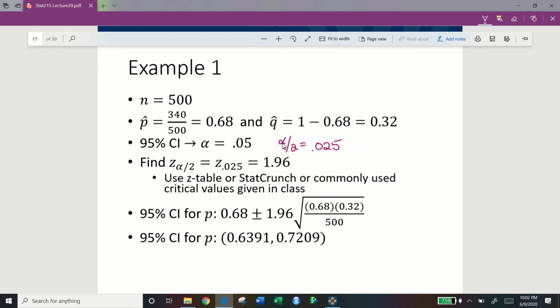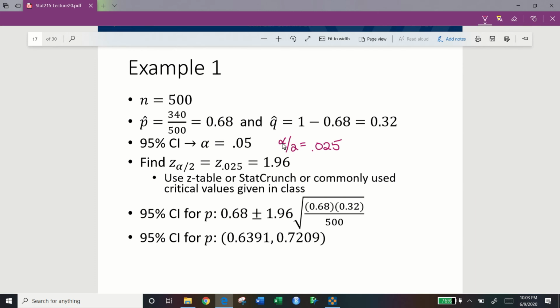So at this point, we have all the information we need in order to calculate a 95% confidence interval for p. We would plug into our formula of p-hat plus or minus z alpha over 2 multiplied by the square root of p-hat q-hat over n, and we would get 0.68 plus or minus 1.96 multiplied by the square root of 0.68 multiplied by 0.32 over 500.